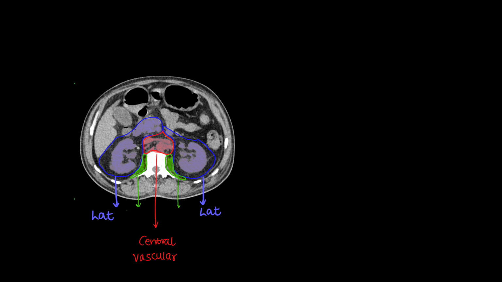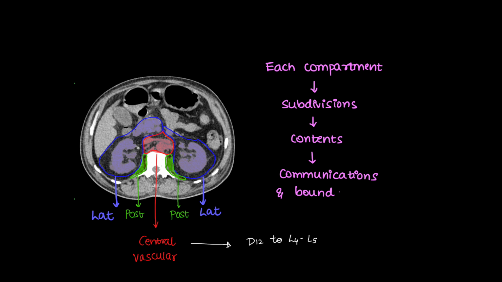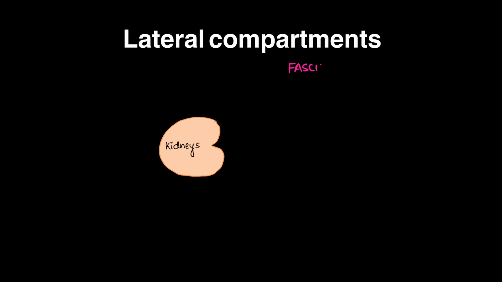So this is compartmentalization of retroperitoneum into 5. Central vascular compartment extends from D12 to L4, L5 vertebra and each compartment has subdivisions again with contents within, and also there are communications of these retroperitoneal spaces with other spaces which we'll see.